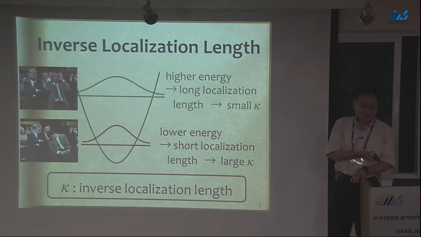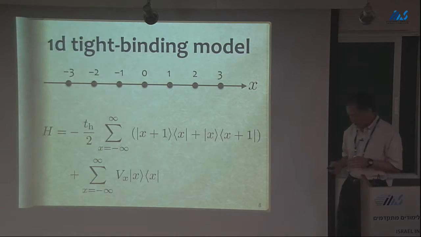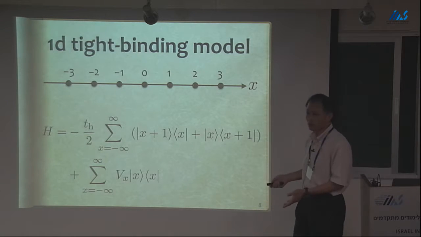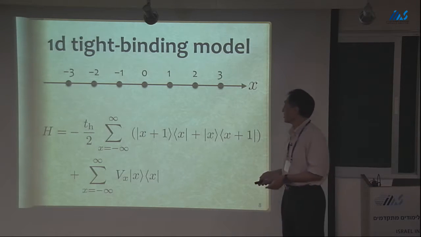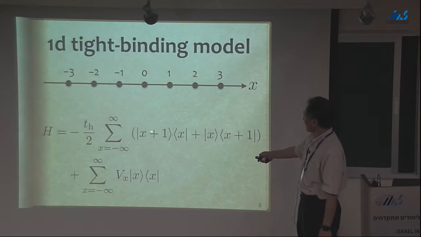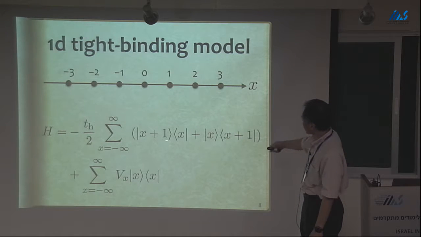what I'm going to talk about now is mostly this one-dimensional tight binding model. And in the tight binding model, the situation is a little bit different. So let me also talk about that. So here's the tight binding model. This is the hopping term.